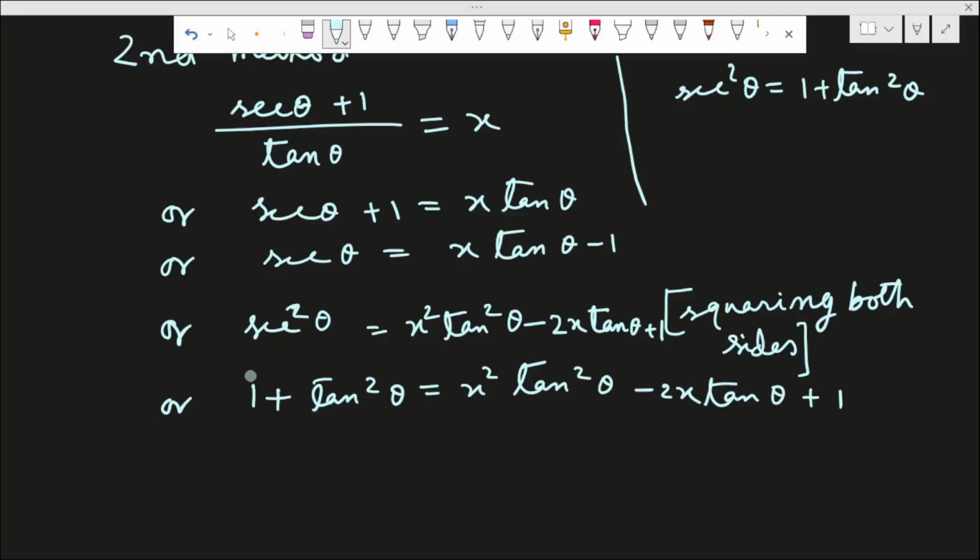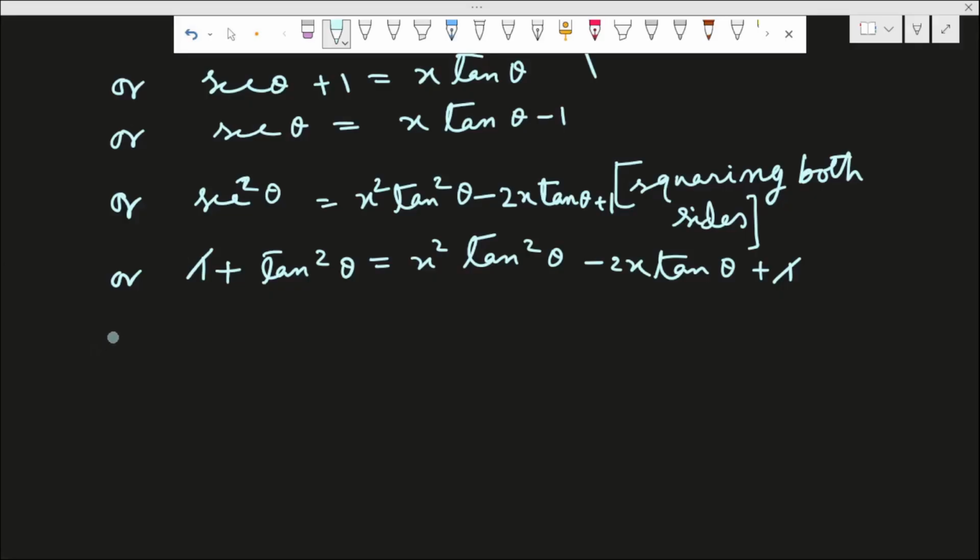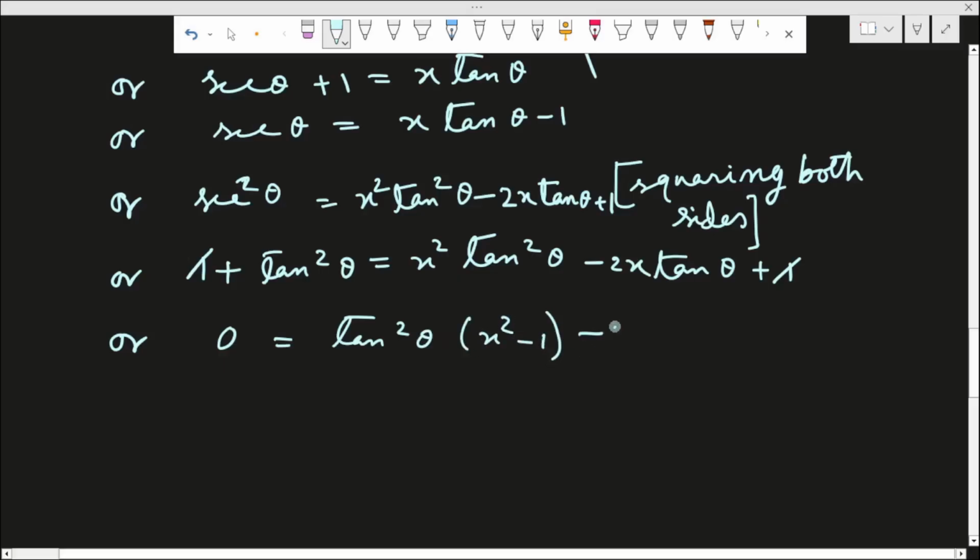See, from both sides 1 and 1 cancel, or transposing these terms to the right, so 0 is equal to tan square theta common, x square minus 1 minus 2x tan theta.